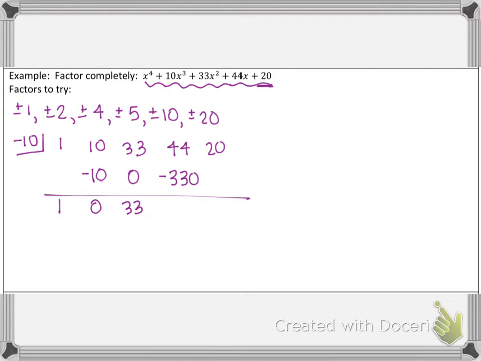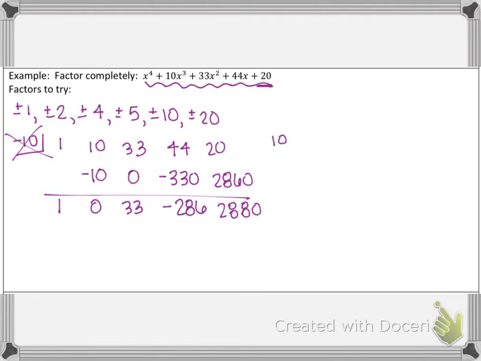So 330 minus 40 would be 290. So 330 minus 44, I believe, is 286. Multiplying, we get a positive 2,860. So this remainder is definitely not going to be 0. Okay, so negative 10 is not going to work with our synthetic division.